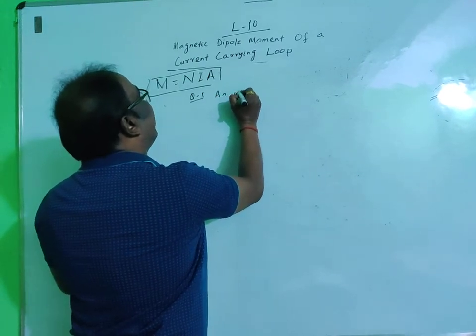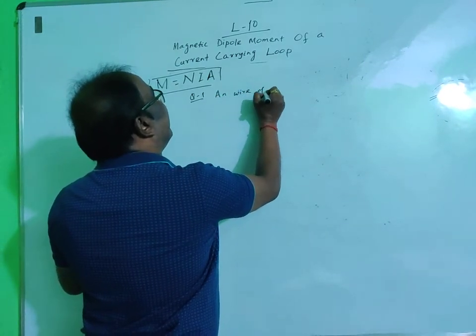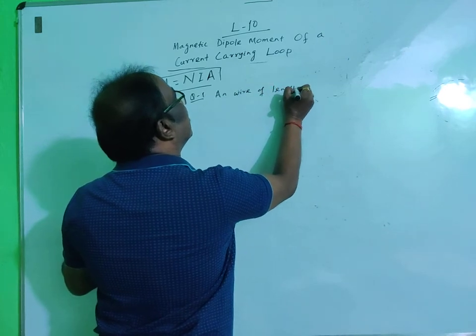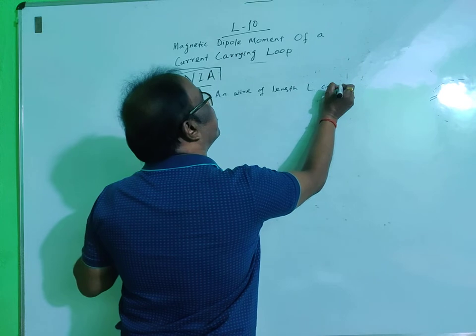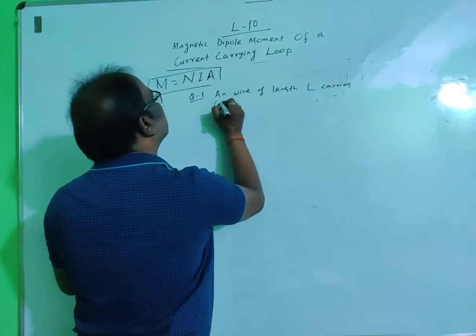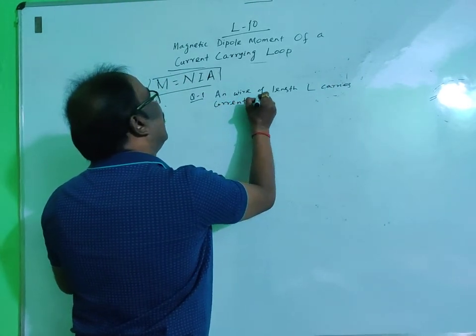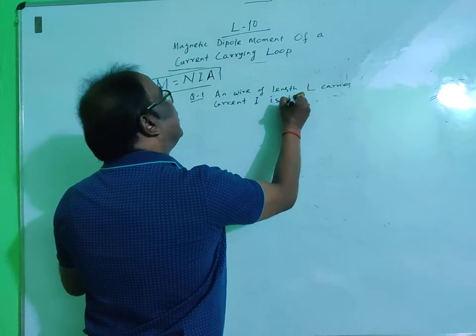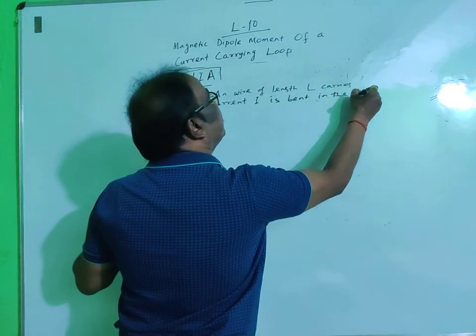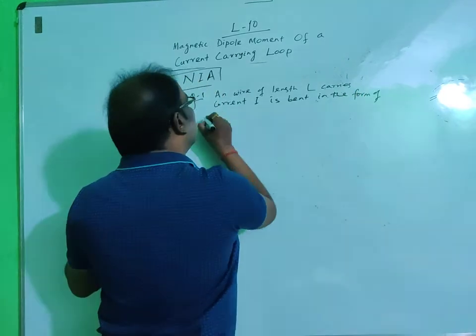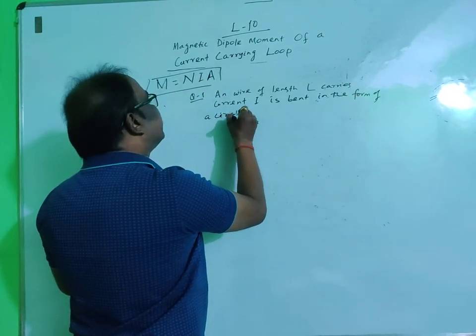A wire of length L carries current I and is bent in the form of a circle.